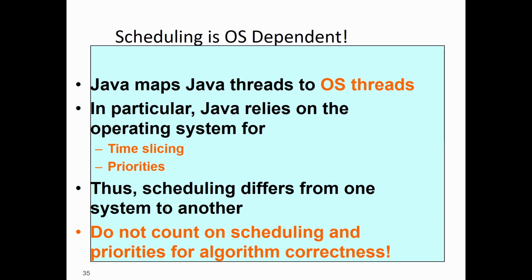Okay, so do not count on scheduling and priorities for algorithm correctness. Okay, you should be aware that such things happen, but do not take the exact values into consideration. Because it is operating system and Java implementation could be done differently.